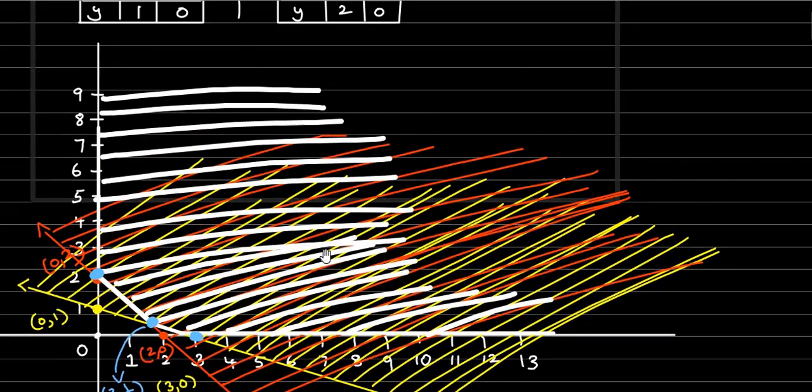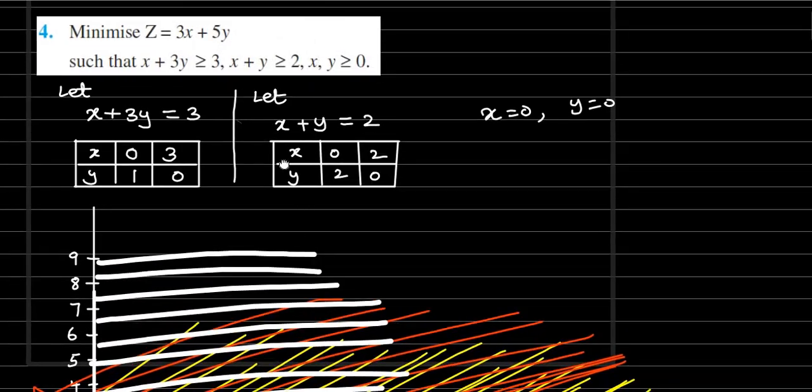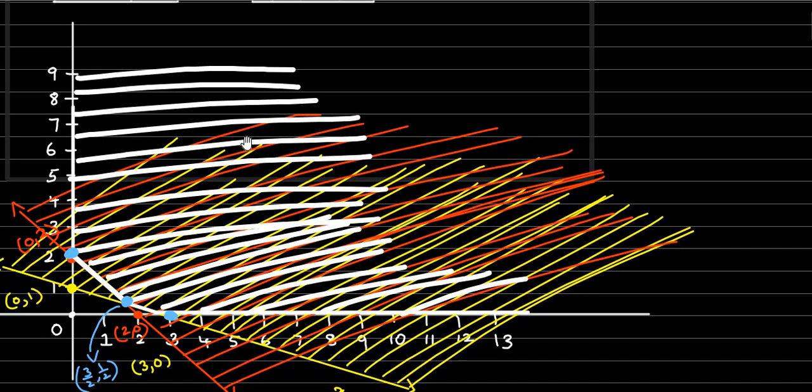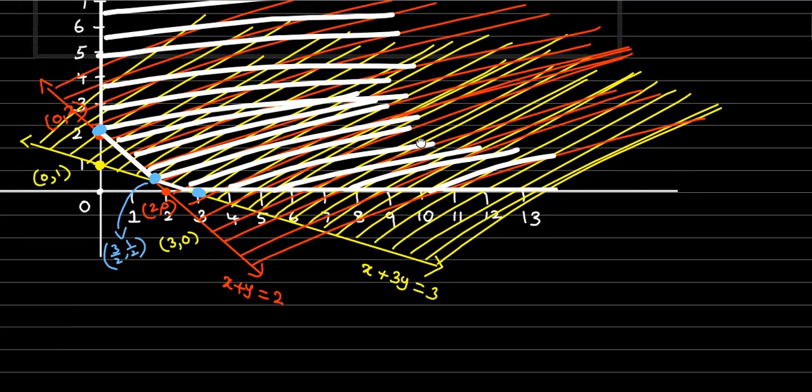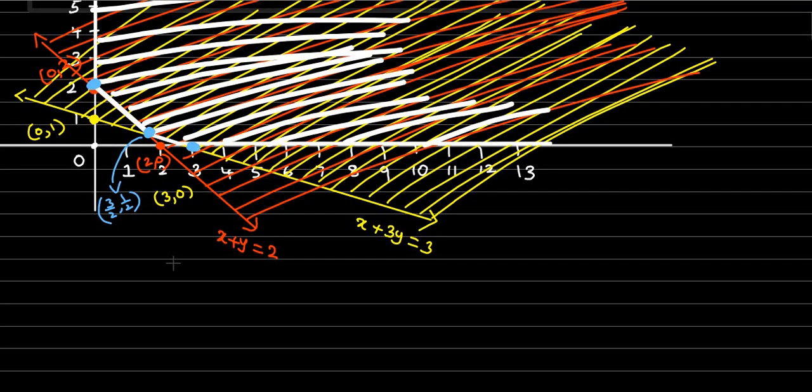Just understand, for all four inequalities, we found the common solution space. That means the feasible region exists, and feasible region exists means we can say the solution also exists. But you can notice that it is not a closed figure. It is open, so it is unbounded.